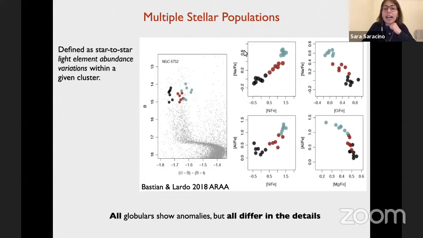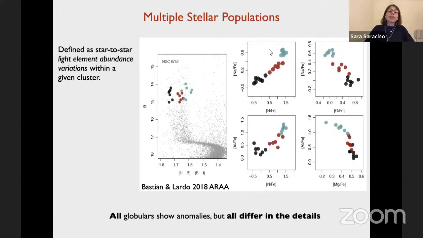This is how it translates spectroscopically into the typical anti-correlation or correlation between different elements. This is something that people have looked at for many years now in great detail. All globular clusters show anomalies, but all of them are unique in the sense that they differ in the details.